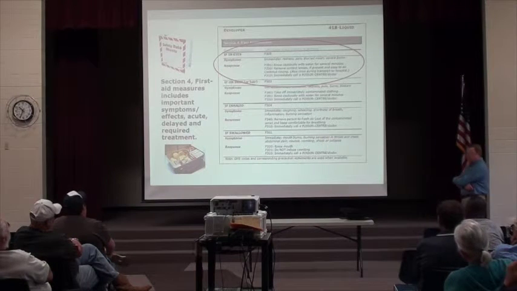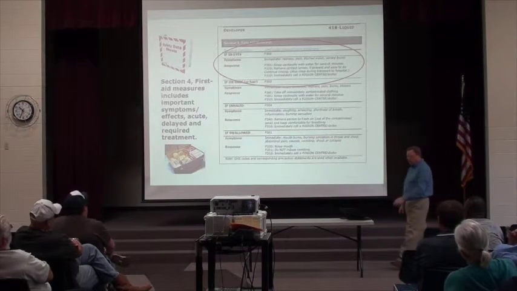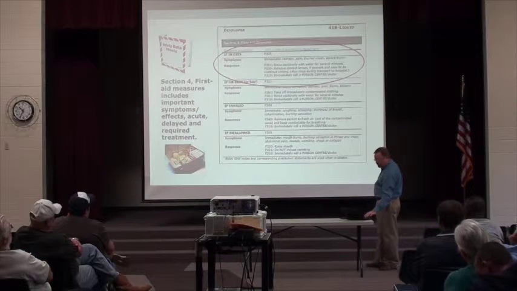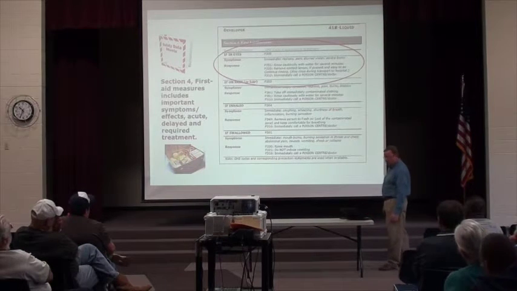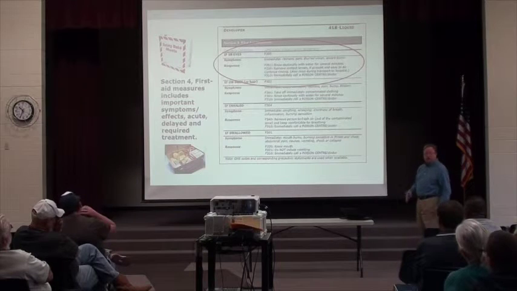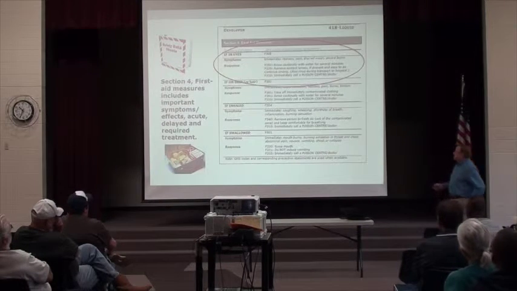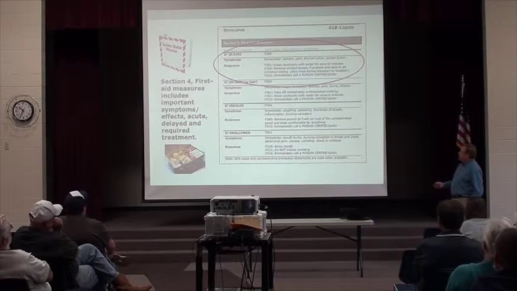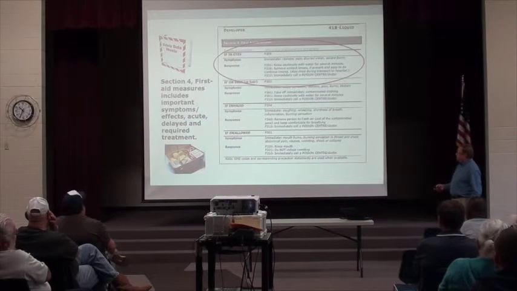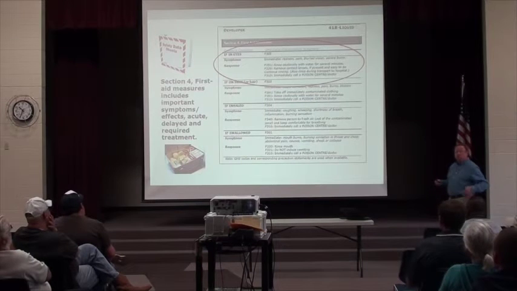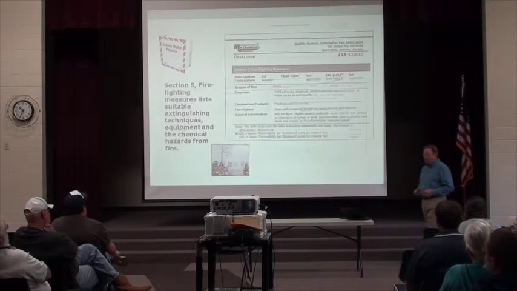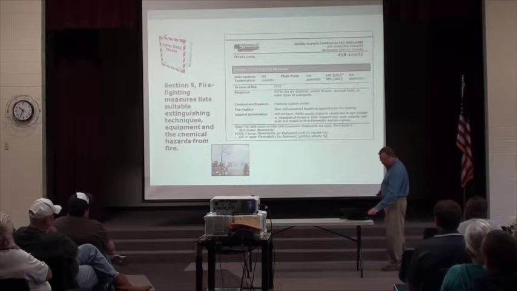And it's going to tell you what your response is, to rinse continuously with water for several minutes. Before, we said at least 15 minutes. Let me go back to that for just a second. See, it gives you skin, it gives you inhalation, it gives you what to do if you swallow. So it tells you what your first aid procedures are going to be in that SDS sheet.